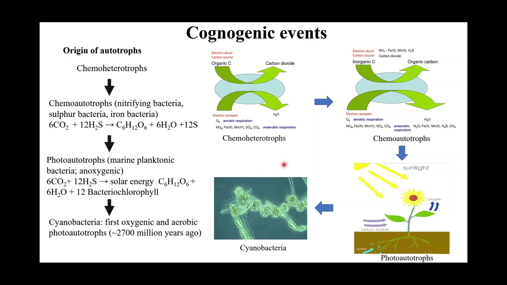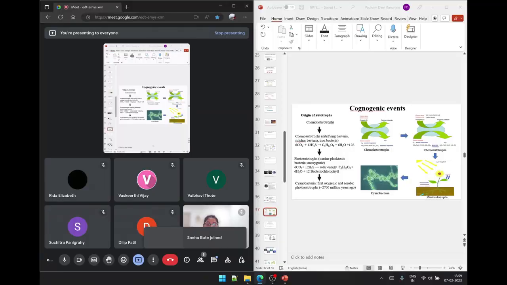They started using free oxygen to synthesize food. So they are called oxygenic and aerobic photoautotrophs. And you see the timeline, this is around 2700 million years ago. So we have covered from 4.5 billion years ago till some 2700 million years of evolutionary history.